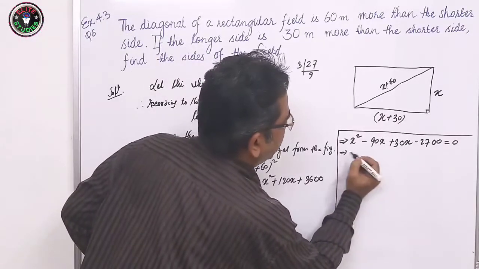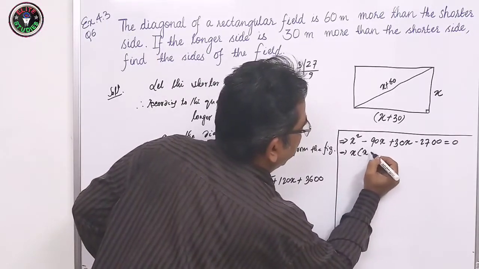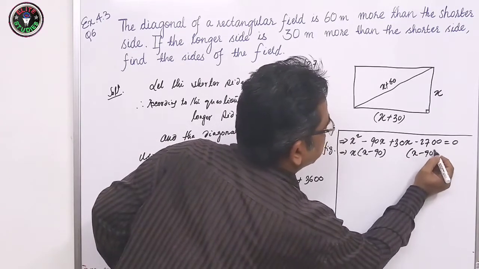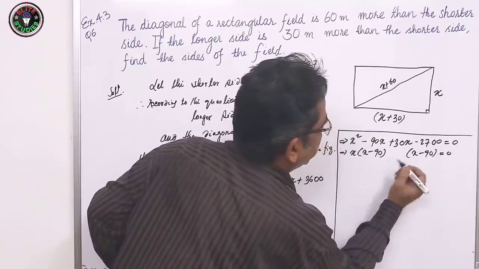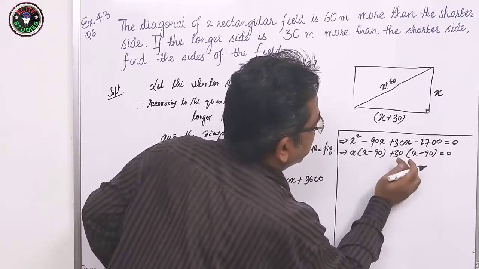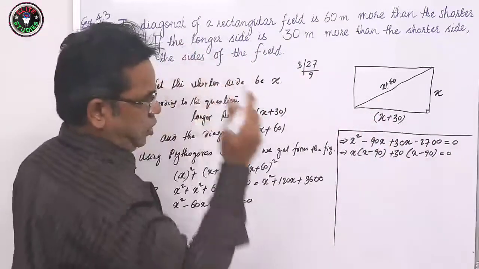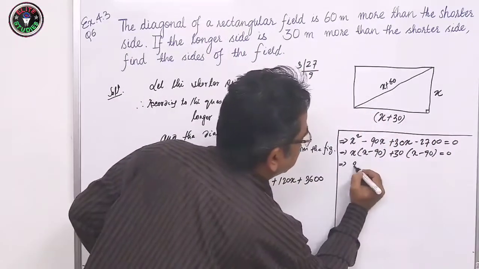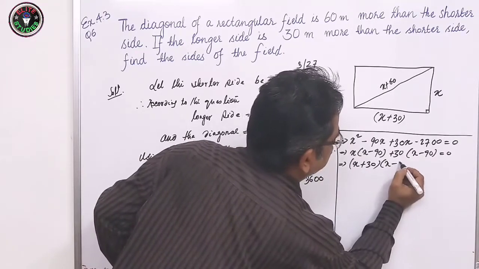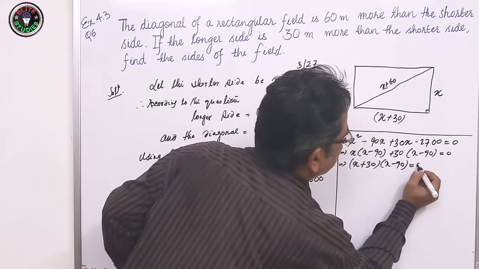So it will be x minus 90 common, and here you put plus 30, 30 into minus 90 is minus 2700. So it gives us x plus 30 and x minus 90 is equal to 0.